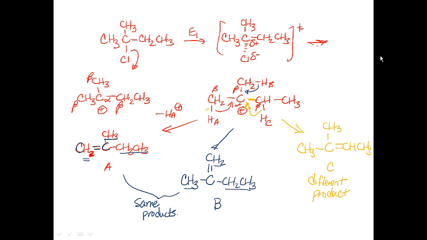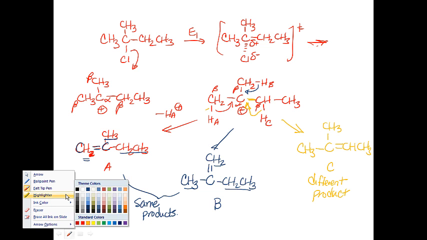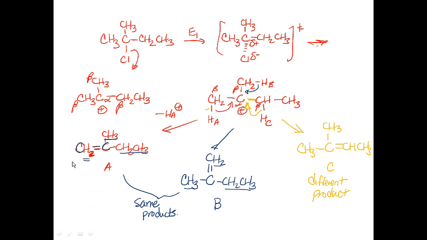Okay. Now, I'm going to rewrite these two products being formed on the next page. And then what I'm going to do is, let's write the transition state that you would get for the formation of each one of these products, because we haven't written the transition state for the second step yet.